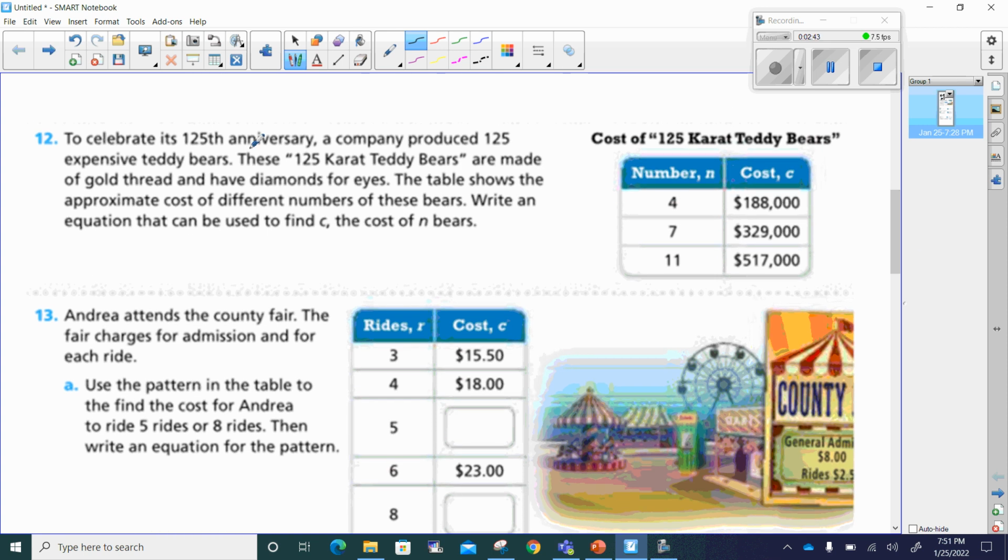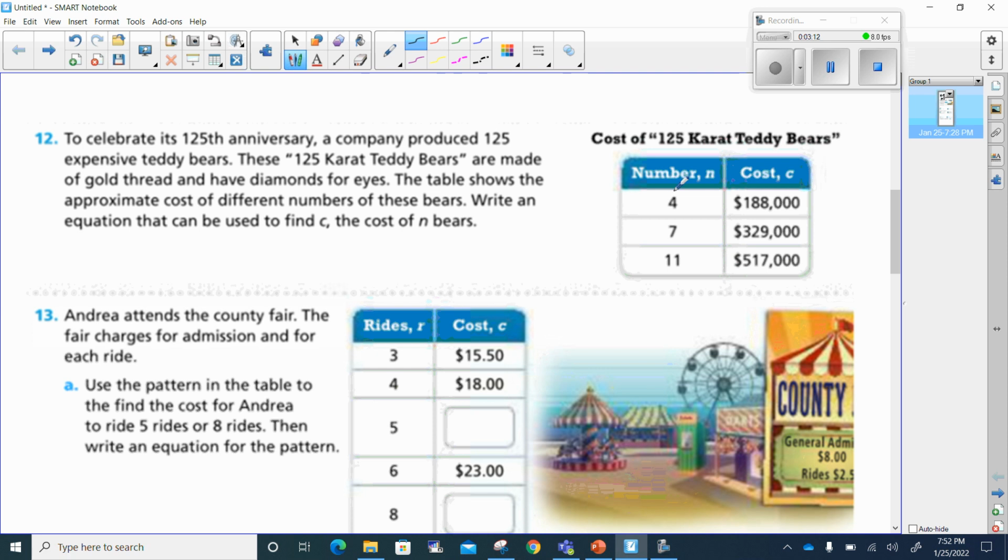It said, to celebrate its 125th anniversary, a company produced 125 expensive teddy bears. These 125 carat teddy bears are made of gold thread and have diamonds for eyes. The table shows the approximate cost of different numbers of these bears. Write an equation that can be used to find C, which is the cost of the bears.